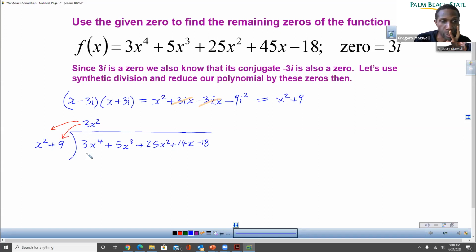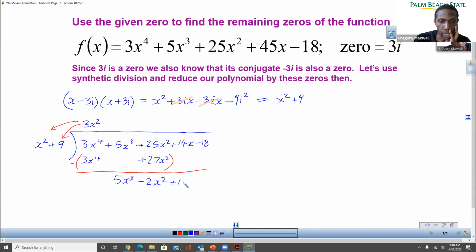So 3x squared times 3x cubed is 3x to the 4. 3x squared times 9 is, oh, 27x squared. And then I'm going to subtract that from the expression above. These terms will cancel. That gives me 5x cubed minus 2x squared.